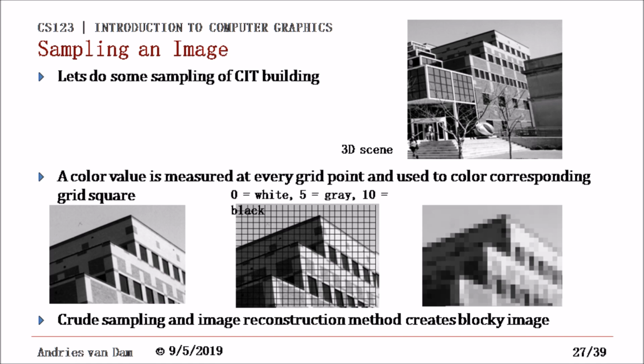At the upper right side of the slide, you can see a 3D scene which is generated on a 2D plane. In the figure at the bottom of the slide, from left to right, the leftmost is a sample image taken from the above 3D scene. In the middle, the image is represented in grid format, where each intersection is a pixel value, adjusted so that white is equal to 0, gray is equal to 5, and black is equal to 10.